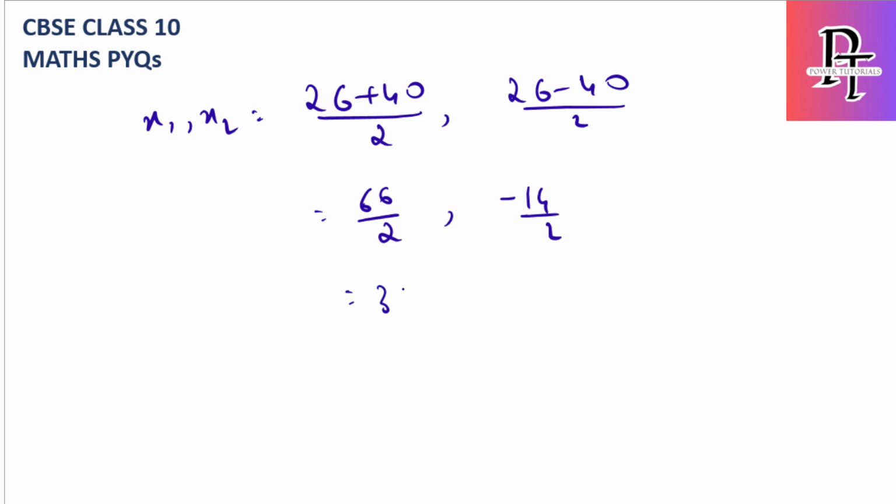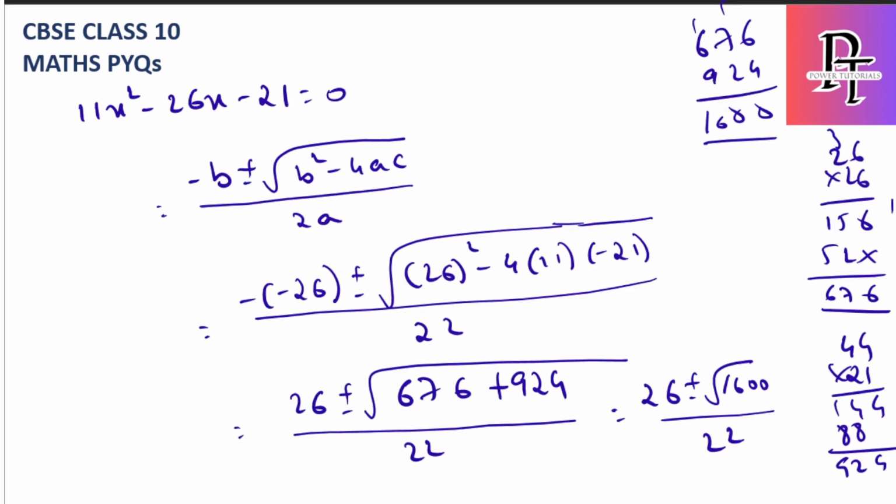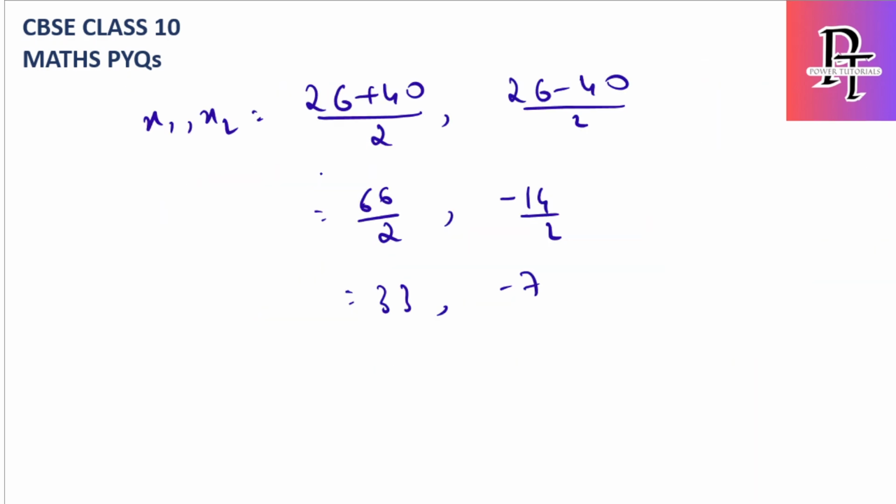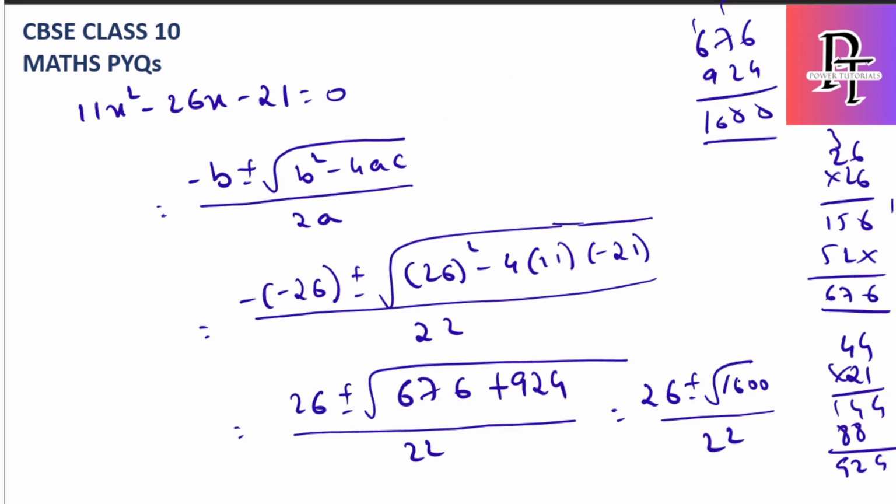So 66 by 22 is 3, whereas this is minus 7 by 11. You can see here the denominator is 22, not 2.